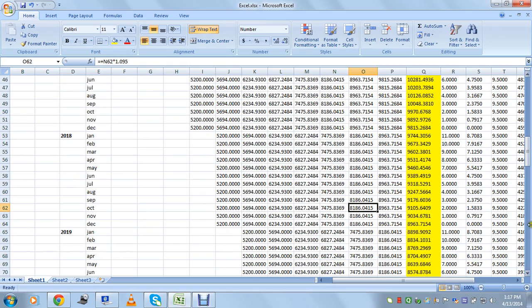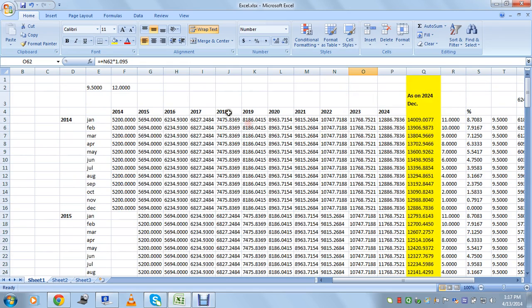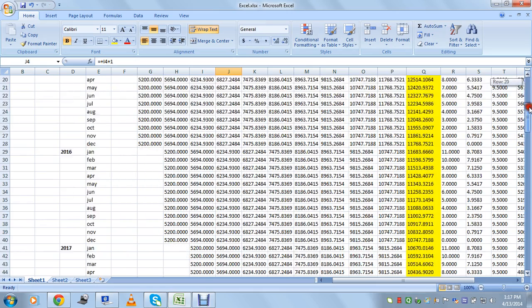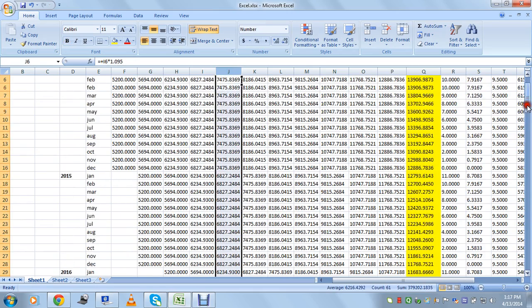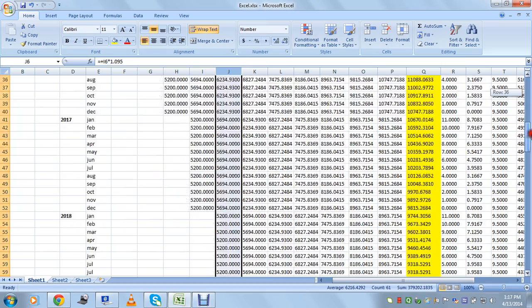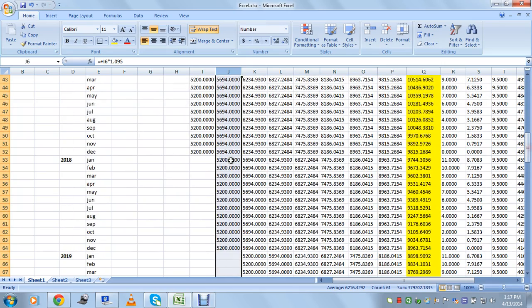Say, for example, in 2018, in the J column, you make an investment of 5,200 in the month of August. If you want to know in 2021 how much it would be in the same month of August, it would be this much, which is 6,287.